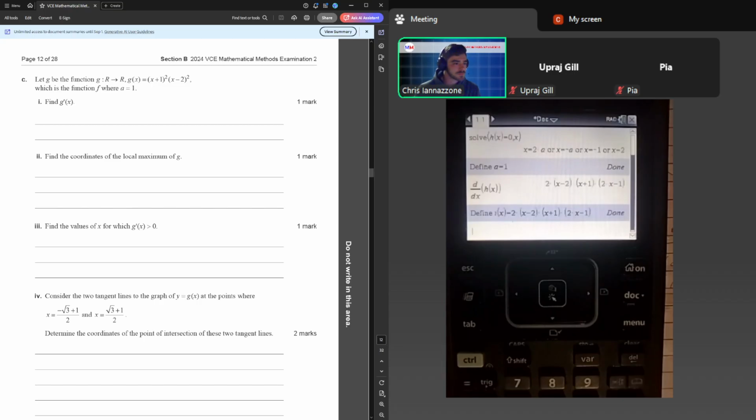Local maximum. What kinds of concepts come up when we talk about maximums? That's something to consider when you're working through how to go about it.